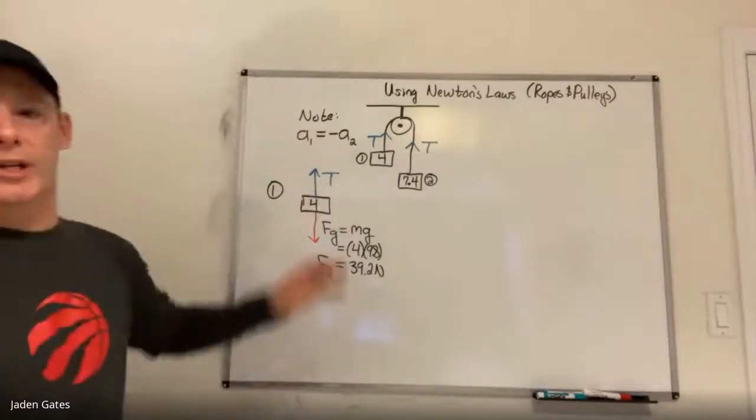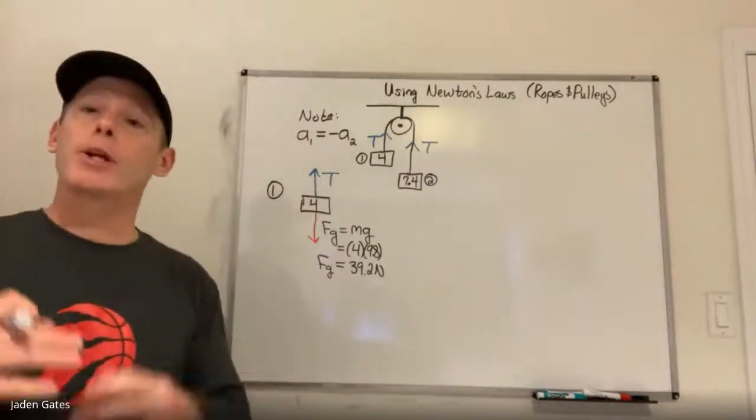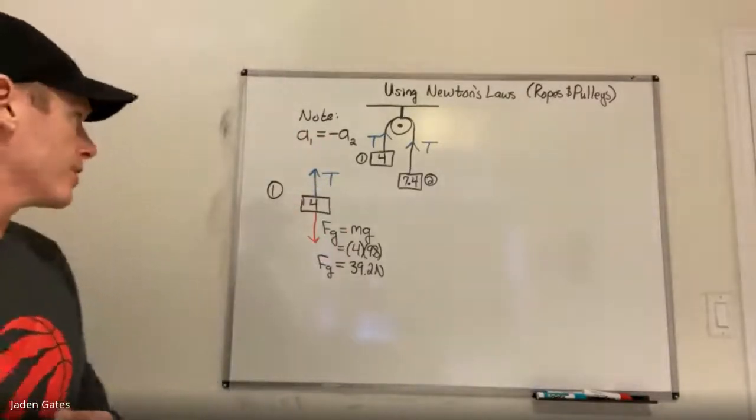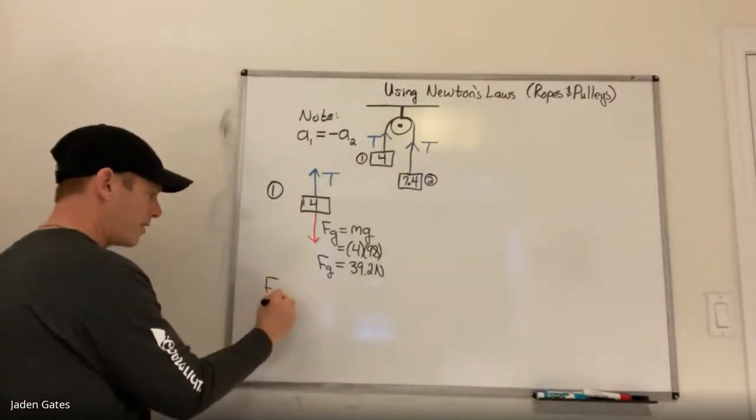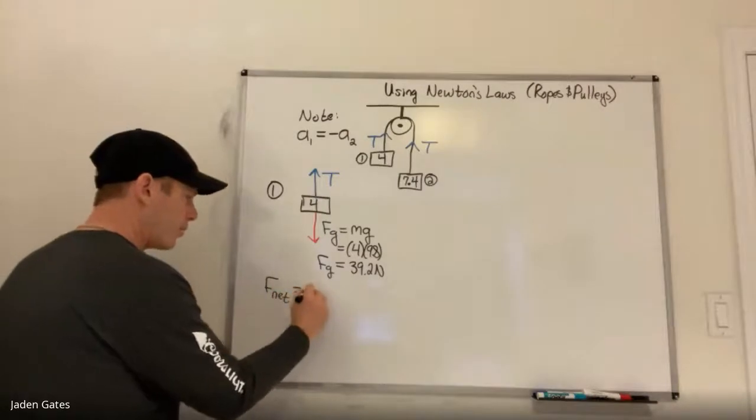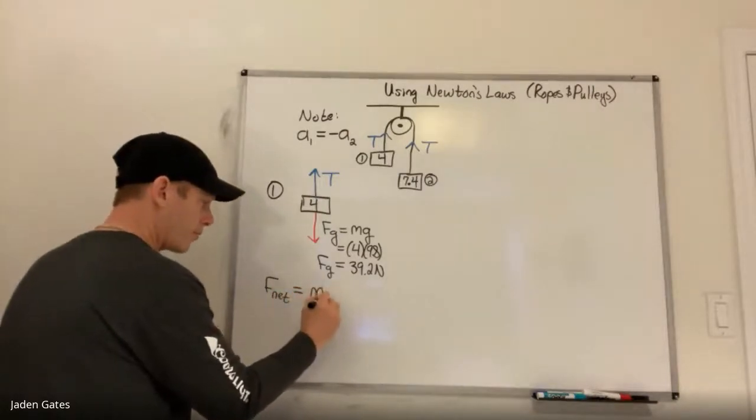Now, I'm going to look at this first mass and come up with an equation for it. The first thing is I'm going to use Newton's second law, which says F net is equal to ma.